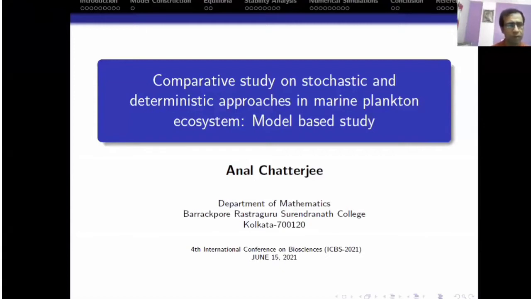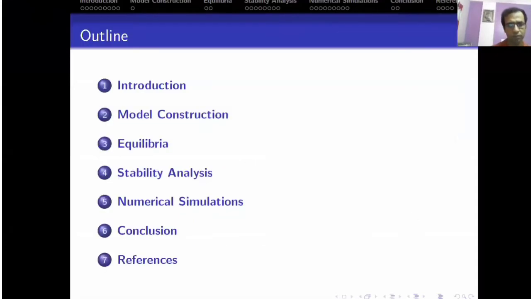Today, the title of my paper is Comparative Study on Stochastic and Deterministic Approach in Marine Plankton Ecosystem Model-Based Study. These are the outline of my paper. So before going into details of our mathematical model, I will give a small introduction first.